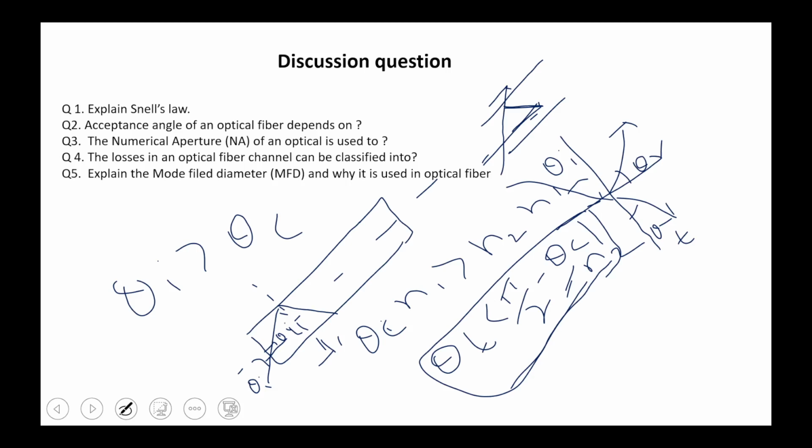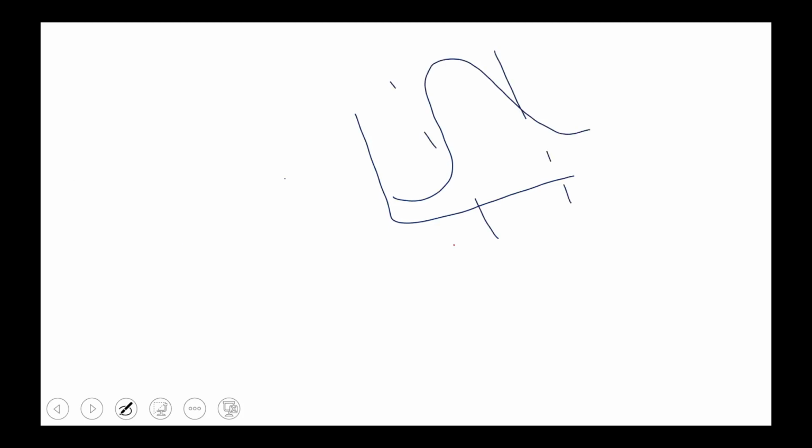Sir, it's the width of the intensity profile. If this is the profile of that laser, in that case, how can you define it? It means what fraction of light is coupled to the fiber, in order to increase the efficiency of this process.